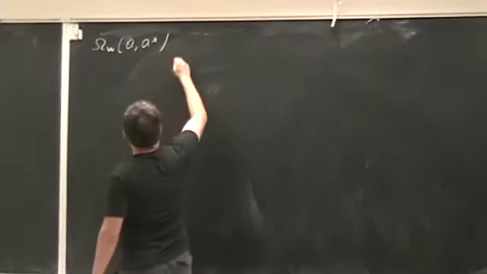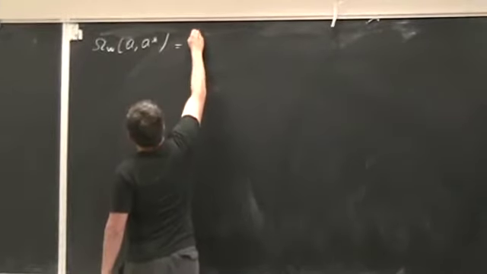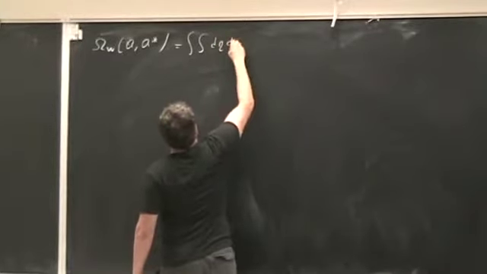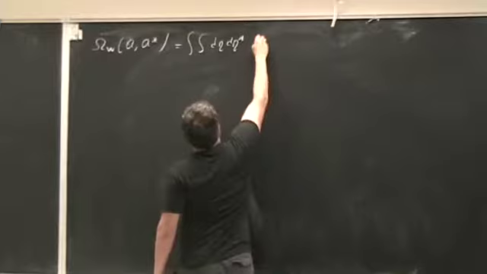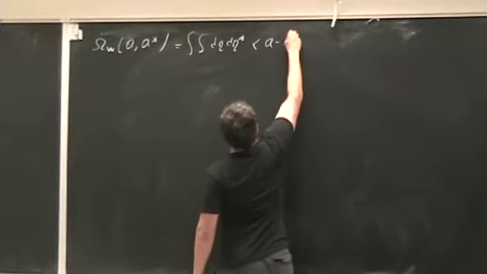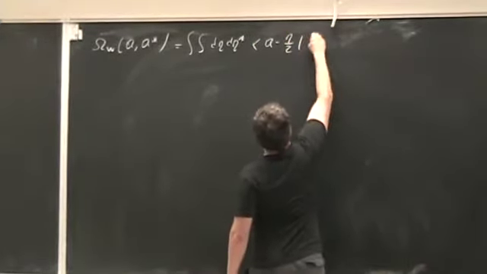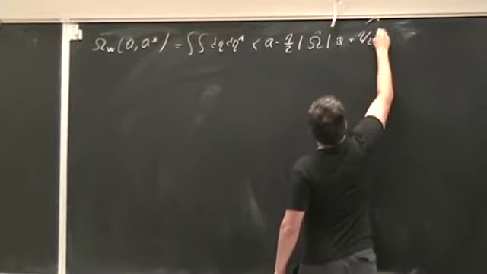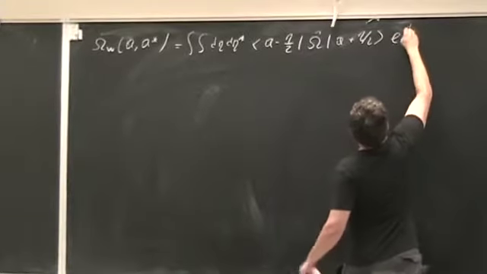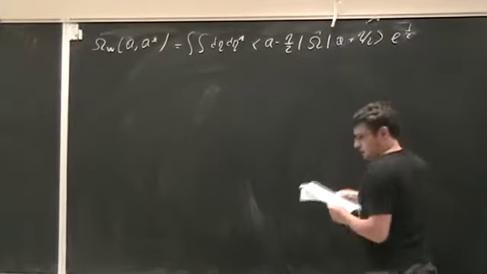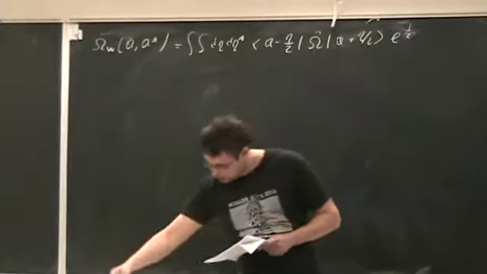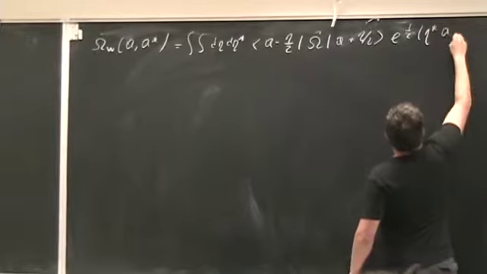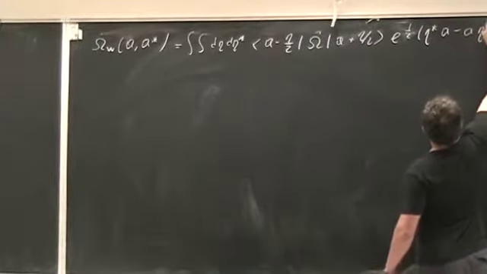Exactly in the same way, we'll have it as an integral over d eta star, with omega between the coherent states a minus eta over 2 and a plus eta over 2, and here we have the exponent of one half eta star a minus a star eta.